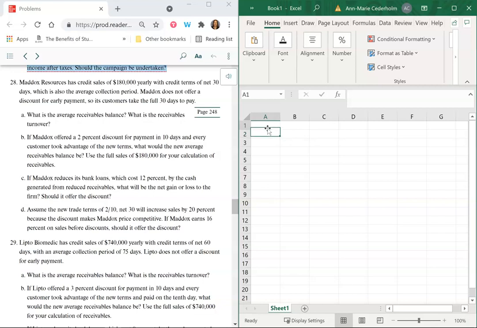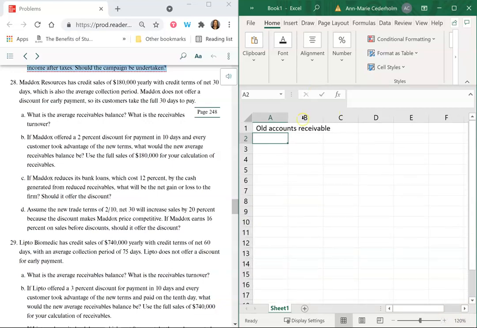Okay, so this is how we're going to do the analysis. First of all, we need to start off with the old accounts receivable. In order to get that, I'm going to figure out how many days my sales are.